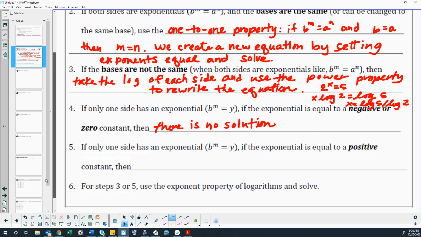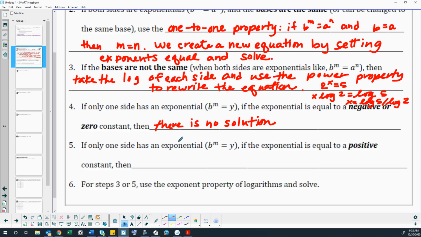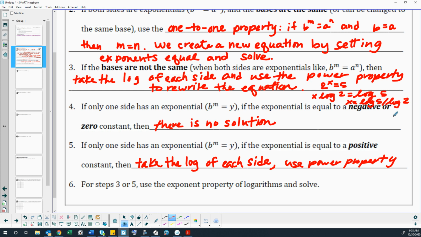If only one side has an exponential, and the exponential is equal to a positive constant, then we can do something similar to what we did in step 3: we're going to take the log of each side and then rewrite with the power property, like we did in the example just up here.